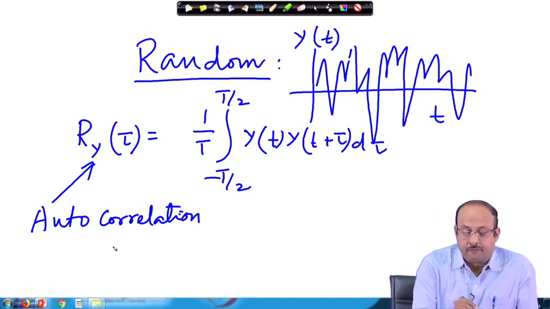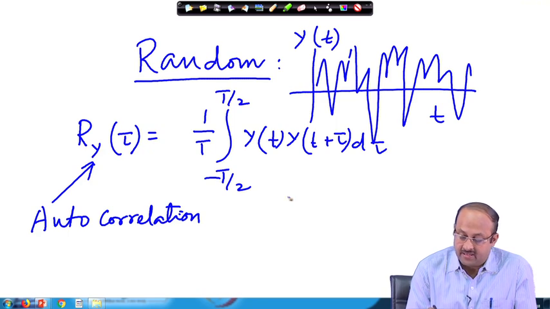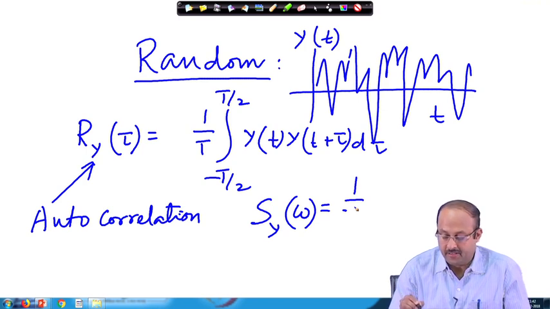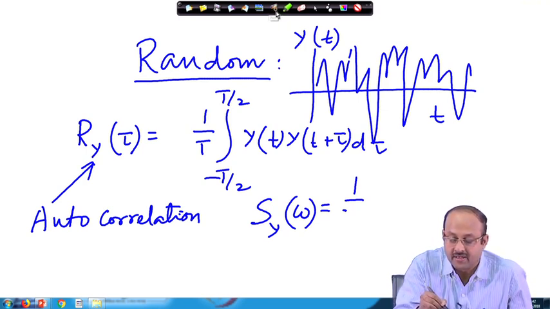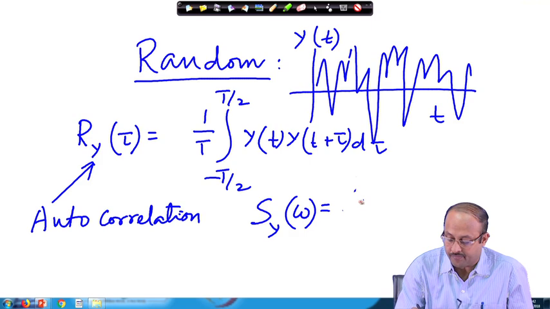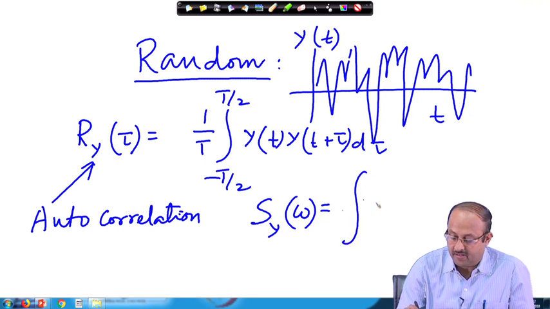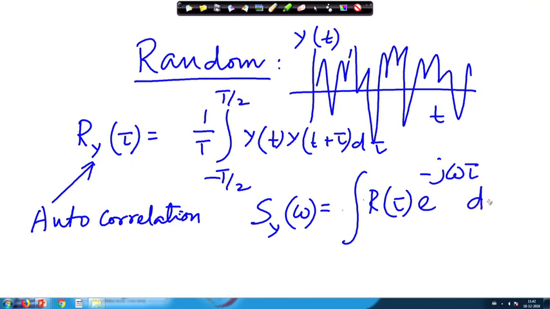If we consider the Fourier transformation of the autocorrelation function, then we will get S(omega), which is equal to the integral of r(tau) e to the power minus j omega tau d tau, without the 1 by 2 pi. This is actually known as the power spectral density.